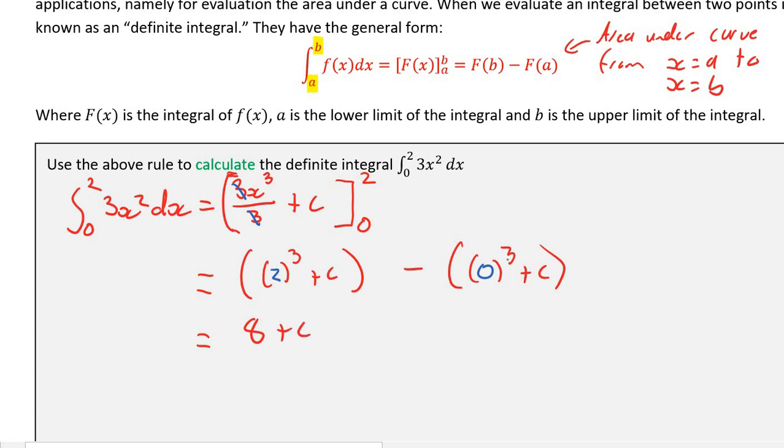What is 0 cubed? 0 plus c. So that ends up being 0 plus c, which is c, and then we're taking that c away. So that's 8 units squared.